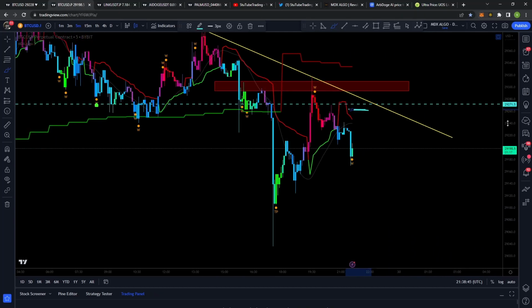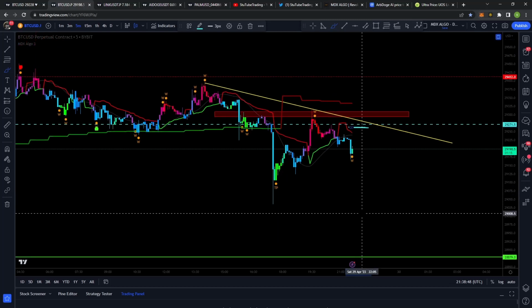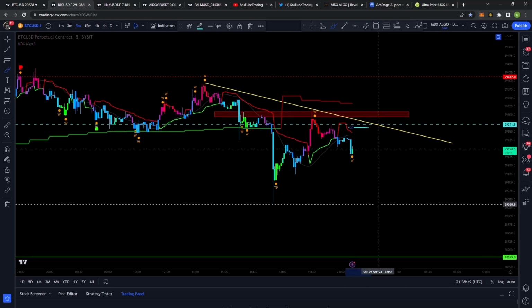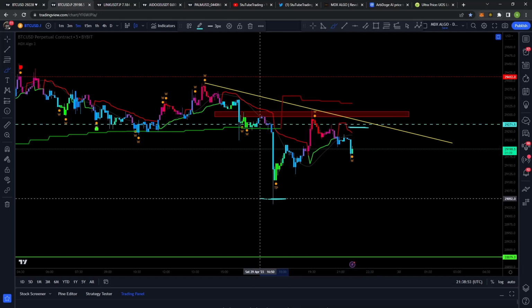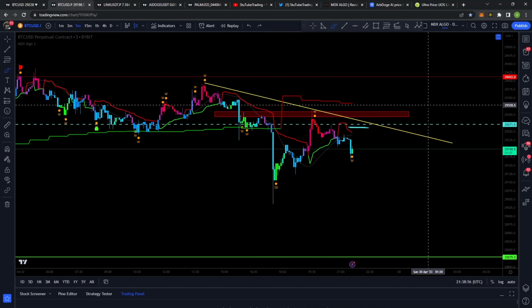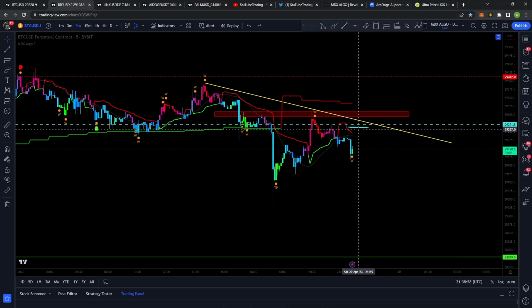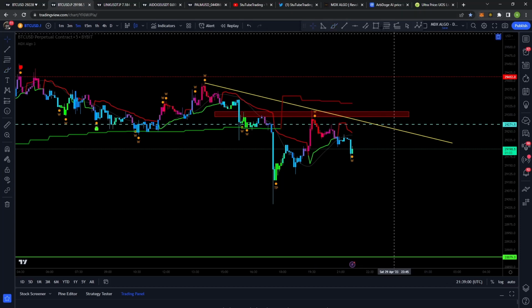Wolf target 29. Yeah, I might set a take profit just at double bottom territory here. Might set a take profit somewhere in here. Actually, something that I love to do for taking profits, let's check some fibs.